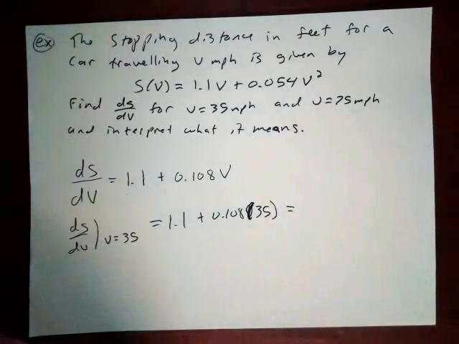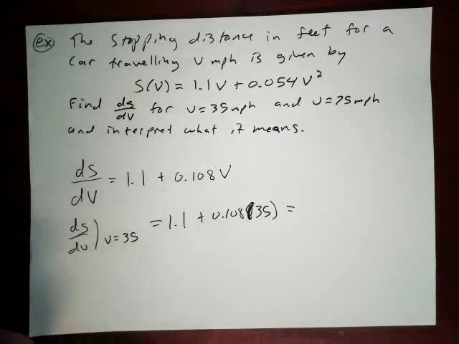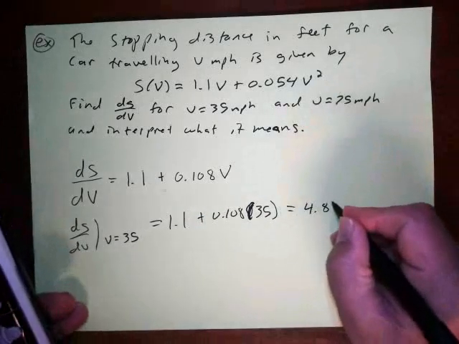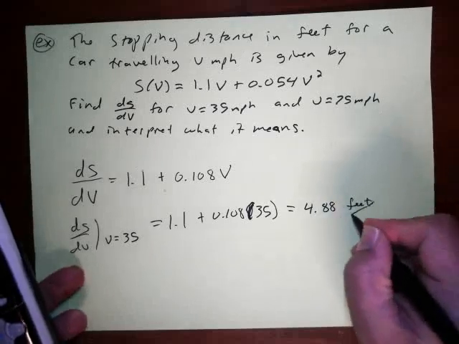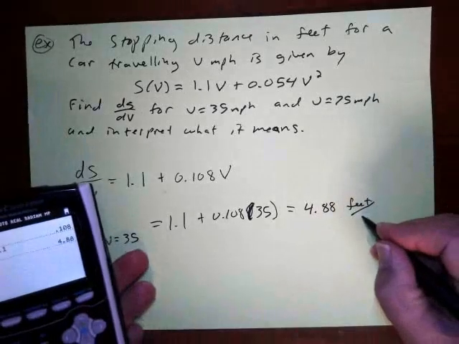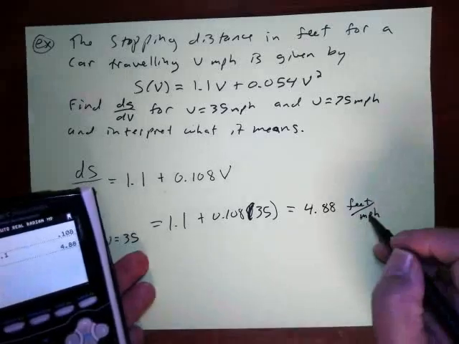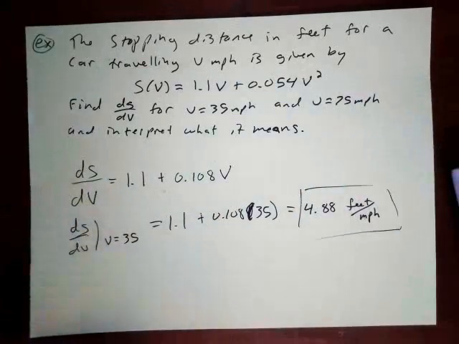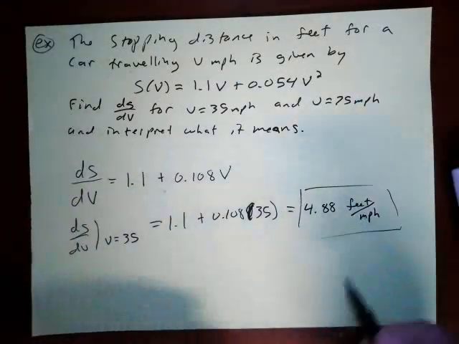And so this looks like 4.88 feet per, it would be like per mile per hour. This is the unit. So that's really kind of a weird thing. So if you increase by 1 mile per hour, this is like that marginal cost.